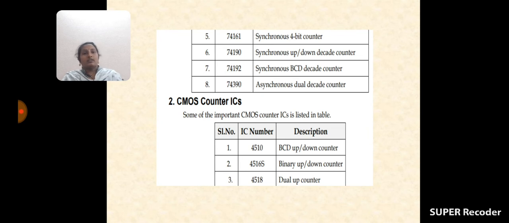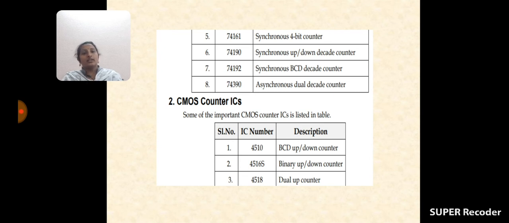So here 4510 will produce a BCD up down counter, meaning it will count the numbers in BCD form. For example, if 10 then 0, it will give 0001 and 000 like that, but it will count in both directions. And the next number, 4516, will provide a binary up down counter, meaning this counter is able to count binary numbers.